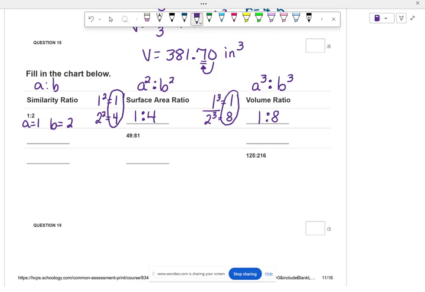All right. For the second box, they started us with the surface area ratio. That means these numbers have been squared. That means A squared is 49 and B squared is 81. To go backwards, we have to square root them. The square root of 49 is 7. And the square root of 81 is 9.